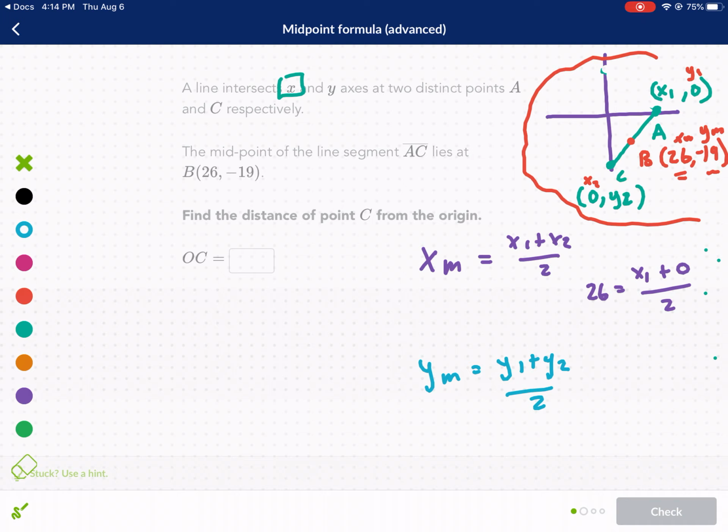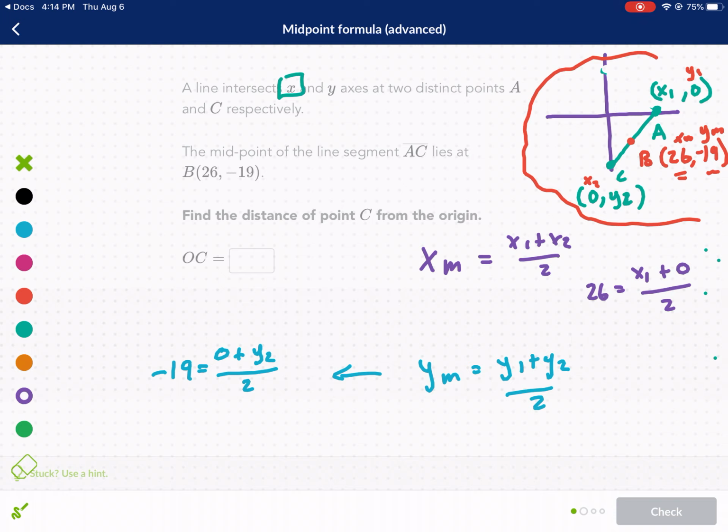So we're going to go ahead and set up the second problem so you see it. Here, I'm going to go over this way. We know that yM is negative 19, and it's equal to y1, which is 0, plus y2, which we don't know, divided by 2. Let's go ahead and solve the first one.